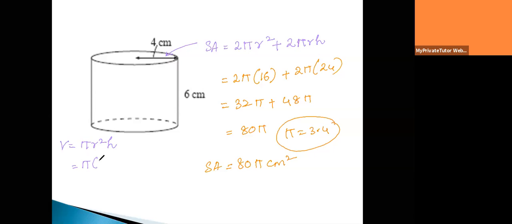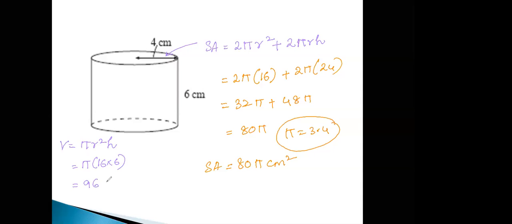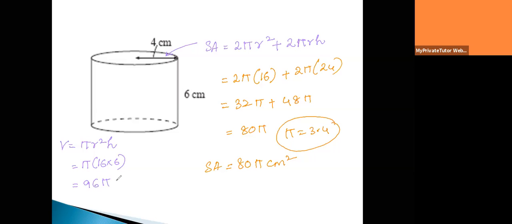Make sure that r square is 16 times 6. What is 16 times 6? 96, isn't it? 96 pi. But substitute pi equals 3.14. I'm not doing it now though.